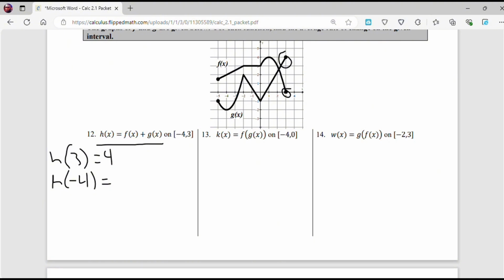Negative 4, we have negative 2 and 2, which gives us 0 when you add them. And so h of 3 minus h of negative 4. And 3 minus negative 4 is 4 over 7.